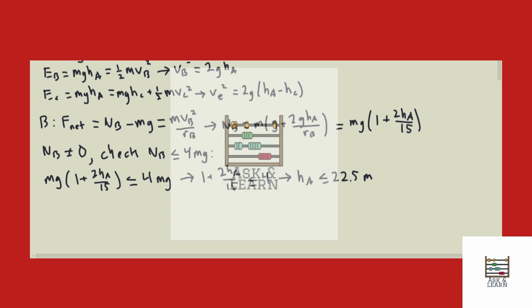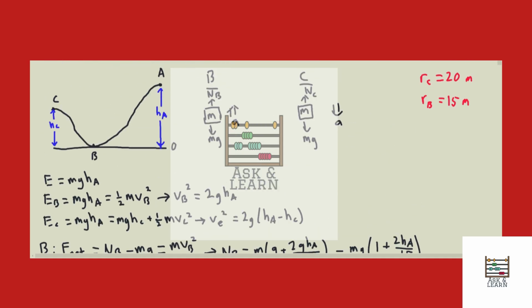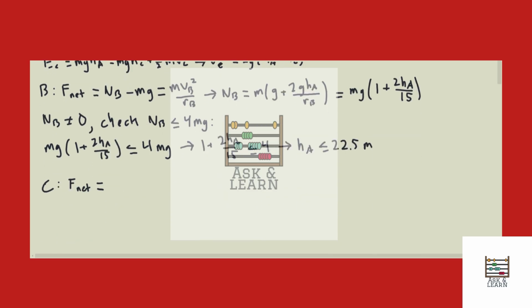And so now we want to look at our point C and the net force there. The acceleration is going in the downward direction, so we'll have mg be positive and the normal force be negative for this one.